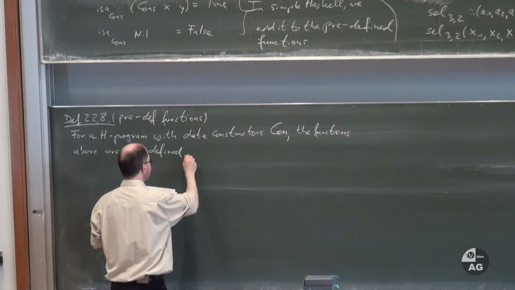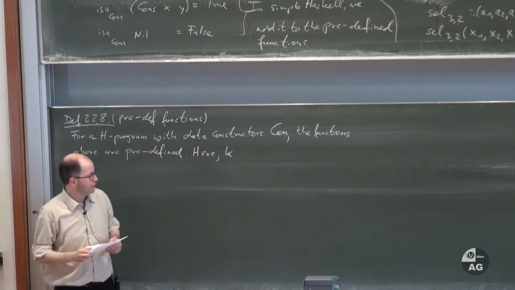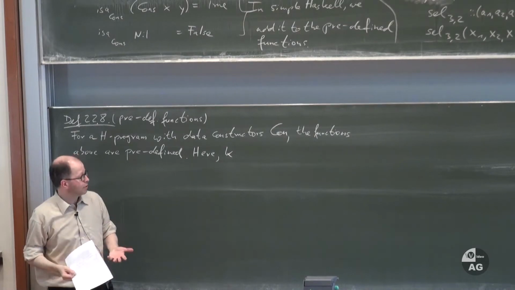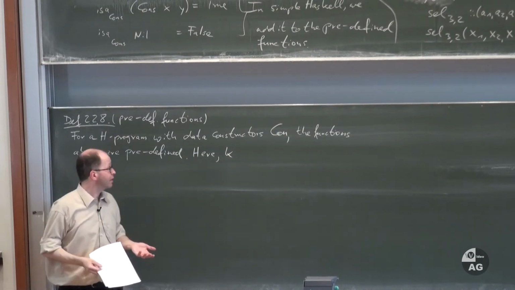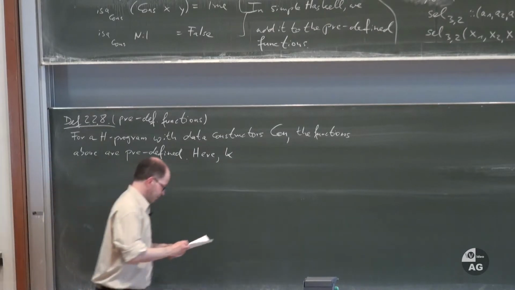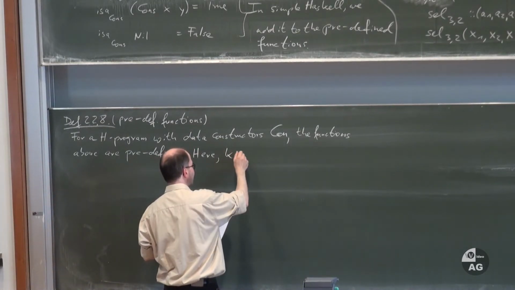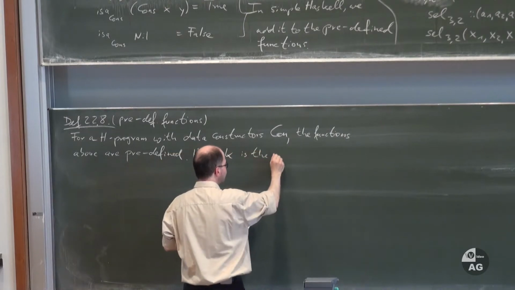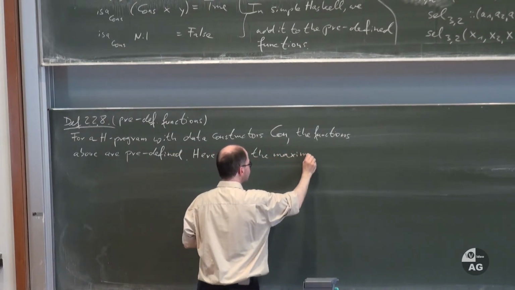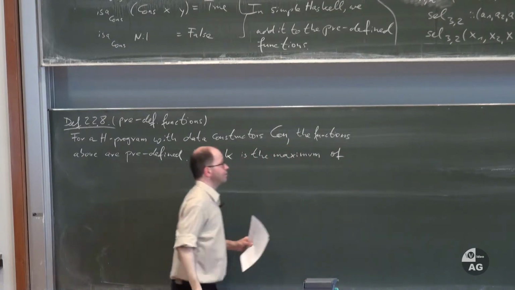And what is k? So k is the largest size of a tuple that I will need when I transform this Haskell program into a simple Haskell program. And it turns out that it's sufficient to consider tuples of the following size. K is the maximum of the following things.